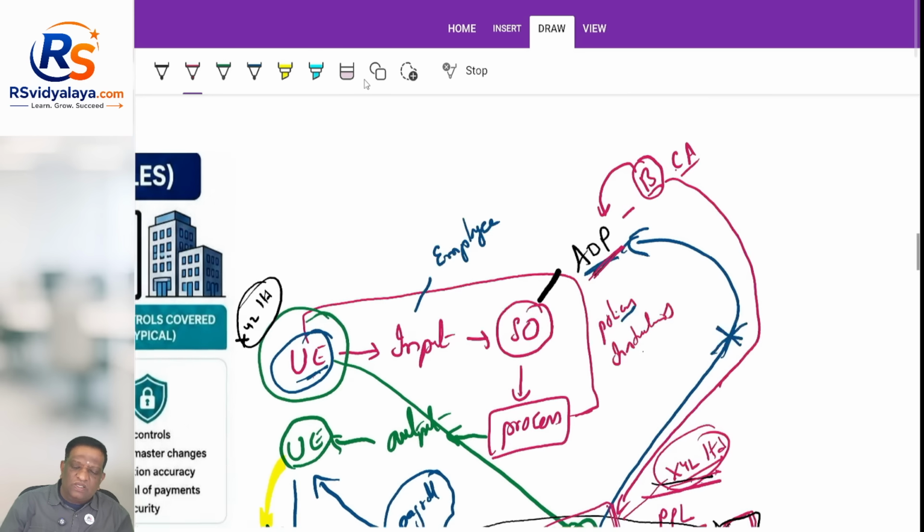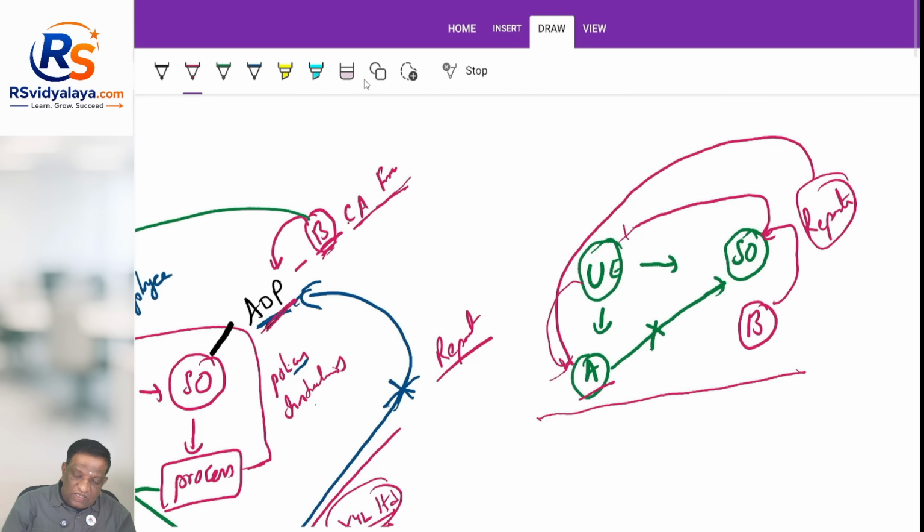Now, who is what? First of all, we understood this XYZ Limited. We call this company the user entity, who is receiving the services, and the organization that is rendering the services, in our example ADP, is the service organization. The reports that are issued by them are used by A. Who is A?